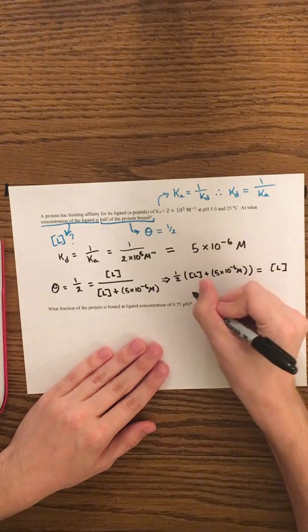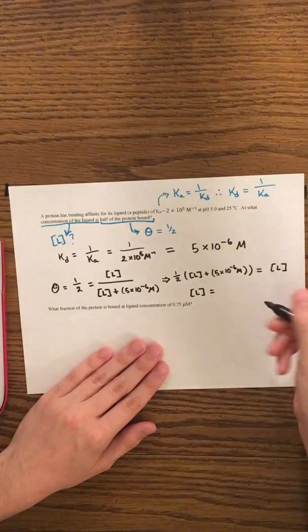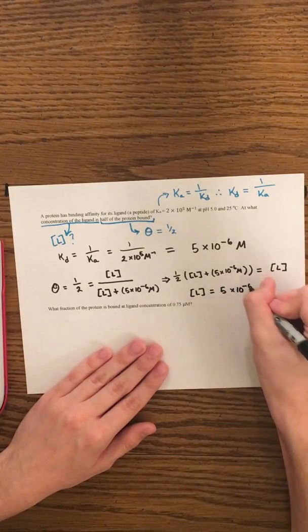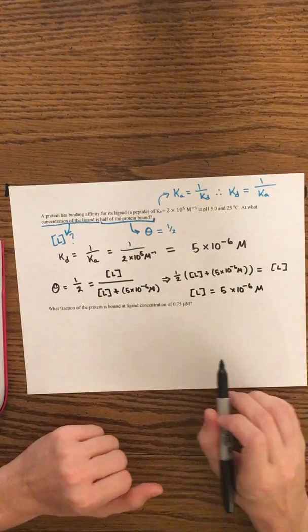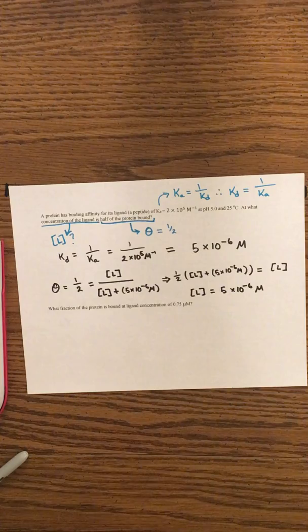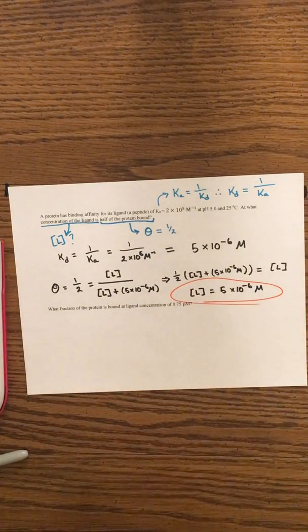What we get is that L is going to be equal, actually, to 5 times 10 to the negative 6 molar. Okay? So that, my friends, is our answer.